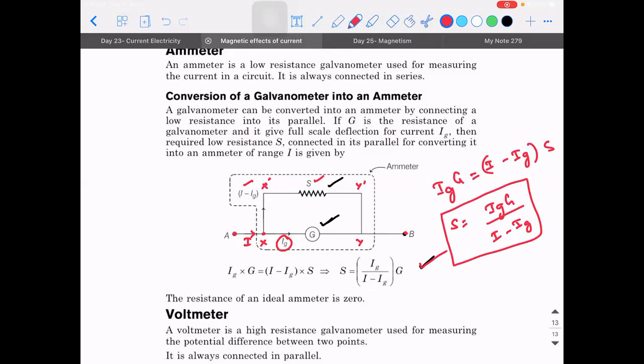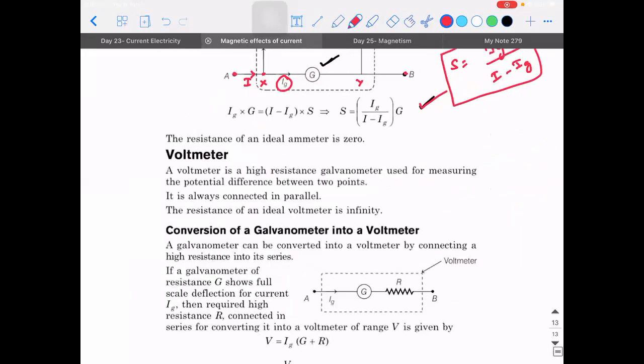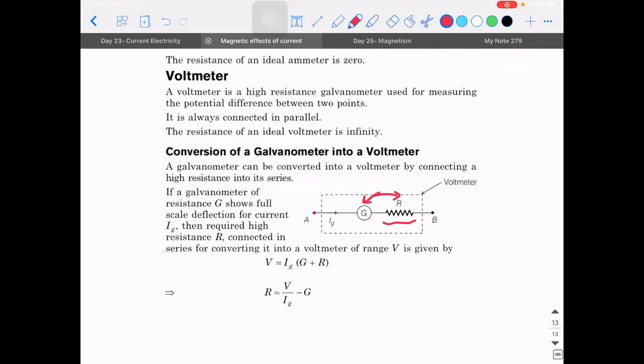Similarly, if you have to convert a galvanometer into a voltmeter, what are we supposed to do? Take a galvanometer and connect a series resistor of high value to it so that it gets converted. The whole combination is what is called a voltmeter. Suppose the potential drop to be measured across the points A and B is V, then how much should be the current flowing through the galvanometer?